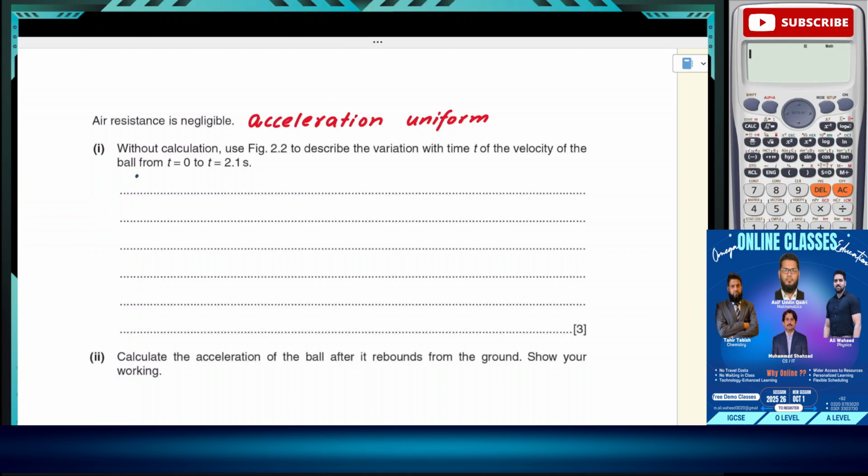So we write it over here: from t equals 0 to t equals 1.1 second, velocity increases with uniform acceleration.